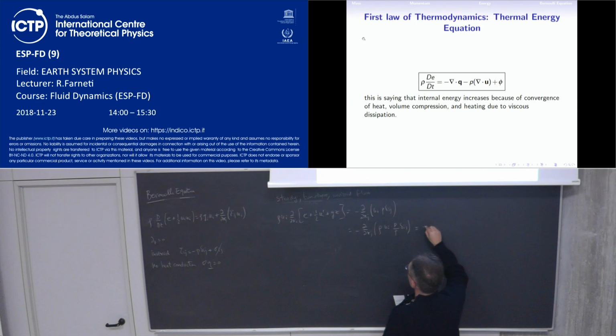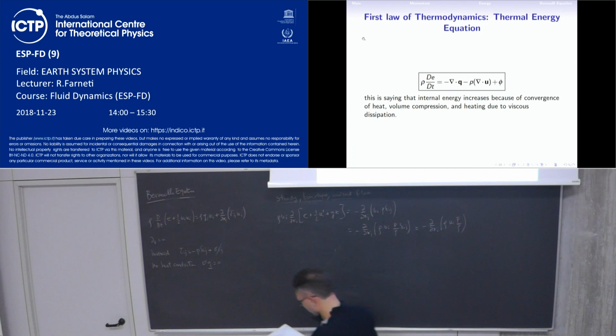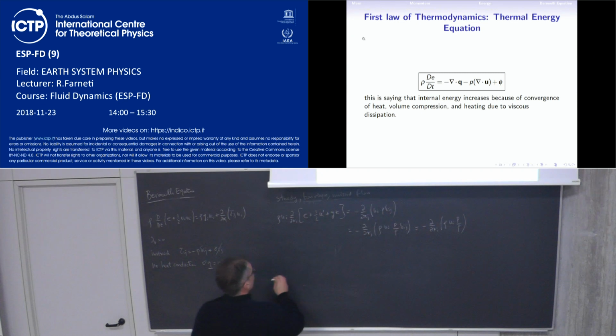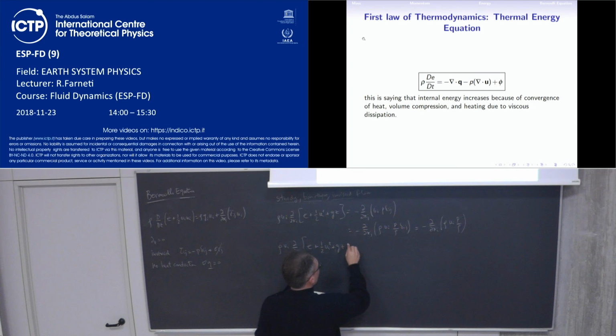And then I use the Kronecker delta to switch the index. So now I can put this derivative on the left hand side, and I end up with the same form for the Bernoulli function. The rho is here, and the UI as well.